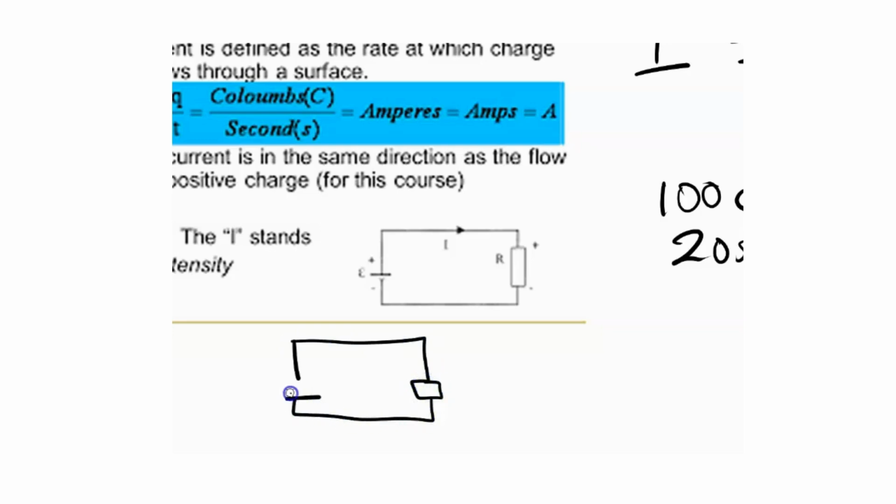So now this is in series. So now we know that the current will be flowing just like that. So the same current that is supplied by the battery, the net flow of charge, is the same throughout the whole circuit.